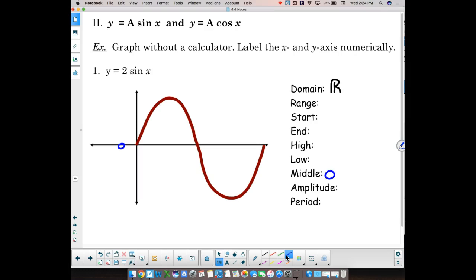Because my amplitude is 2, that means that I go all the way up to 2, and I go all the way down to negative 2. Which means my high would be 2, and my low would be negative 2. That also tells me the range. The range is negative 2 to positive 2.